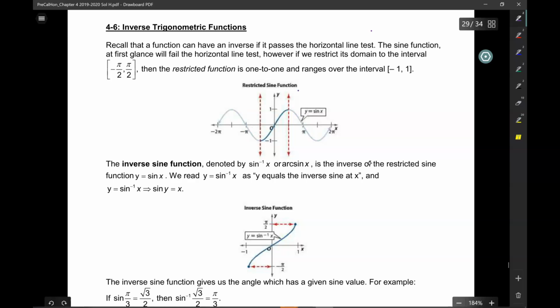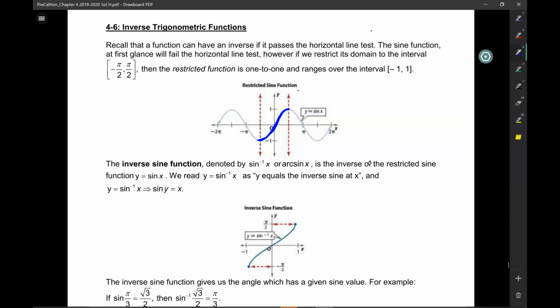It's most desirable that it's as close to the origin as possible. So the best option is if I take only that segment of the sine of x graph and throw away everything else. When I only take this blue part, that part of sine of x can have an inverse function.